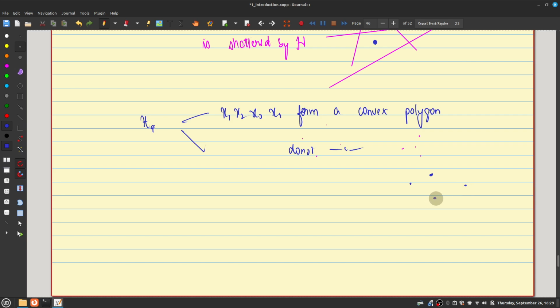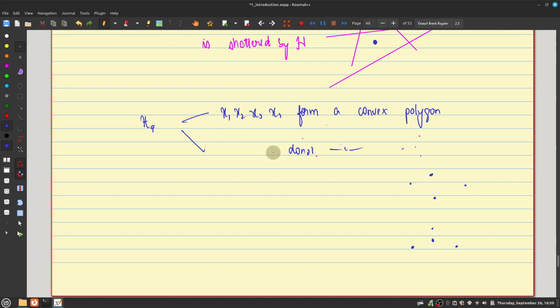This is case A. And case B is where the 4th point lies within the convex hull of the other 3 points. This also includes the case, for instance, when 3 of them are collinear and one does not lie on the straight line passing through the other 3. So just convince yourself that this handles all possible scenarios.